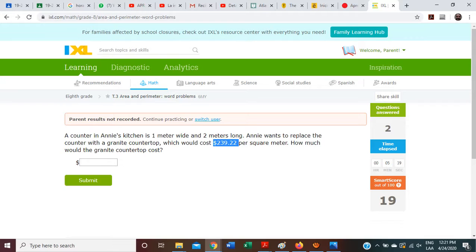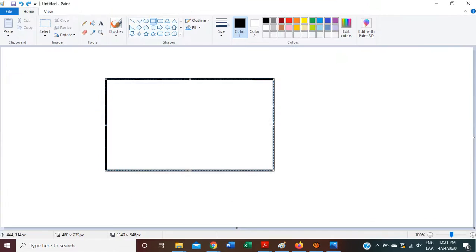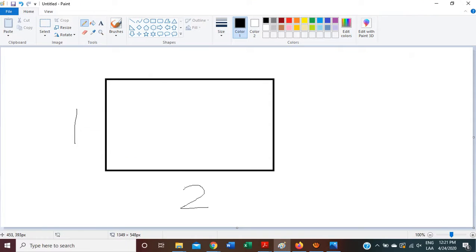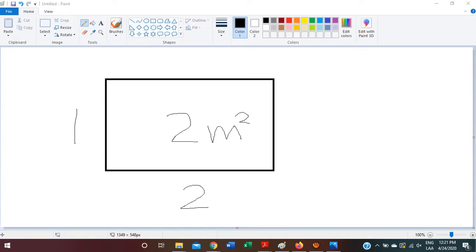Okay, so we need to find the area first. It is 1 here and 2 here, and we're talking about meters. 1 times 2 equals 2, so it is 2 square meters. So we need to multiply. Let me get the calculator.